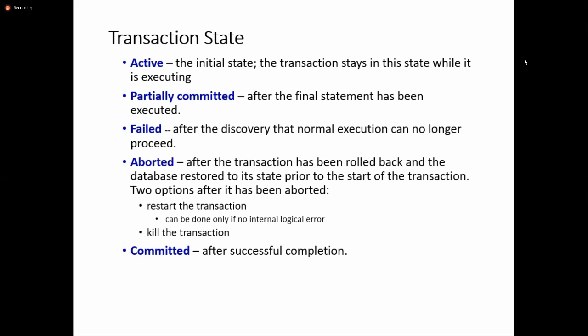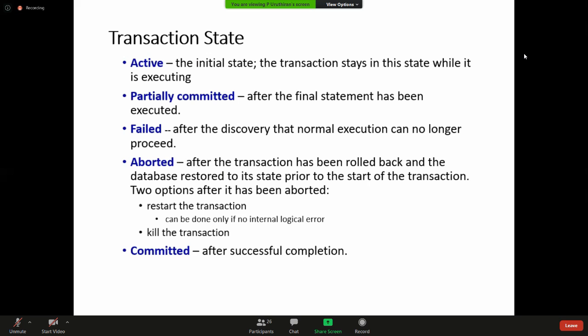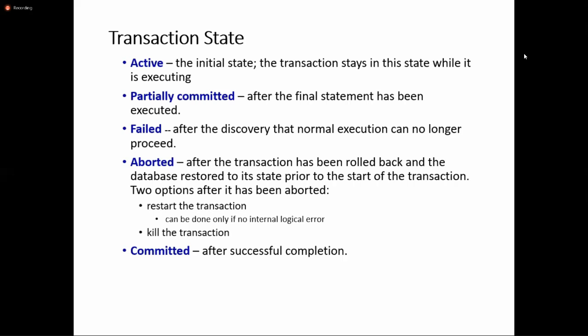Partially committed is the state after the final statement has been executed, but not yet fully committed. Failed is the state after the discovery that normal execution can no longer proceed.